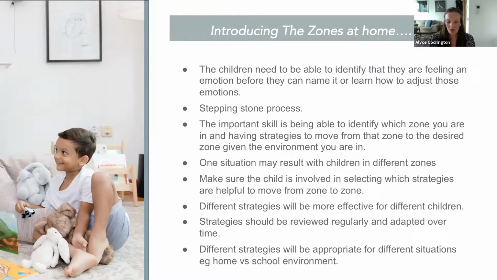When you have a particular situation, if you're in a home and you have multiple children in that home, or you're in a classroom situation, you would obviously have multiple people in that classroom. One action by a student or one event can very easily lead to different students ending in different zones because they will respond differently to that event.